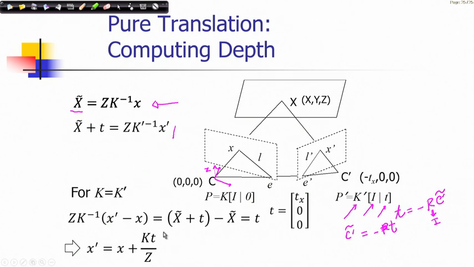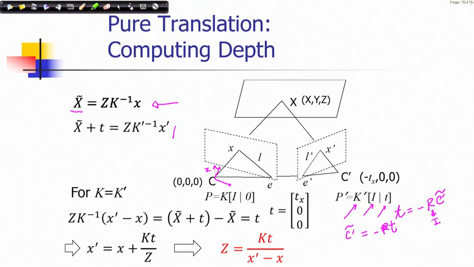So, there is a shift in the horizontal direction, and the amount of shift is given by this K t by z, and from this shift you can determine the depth z as K t by x prime minus x.